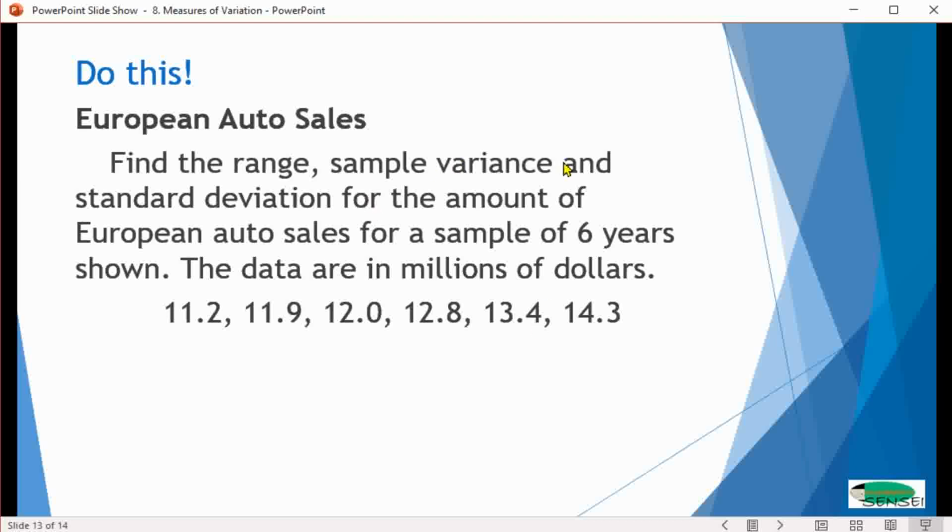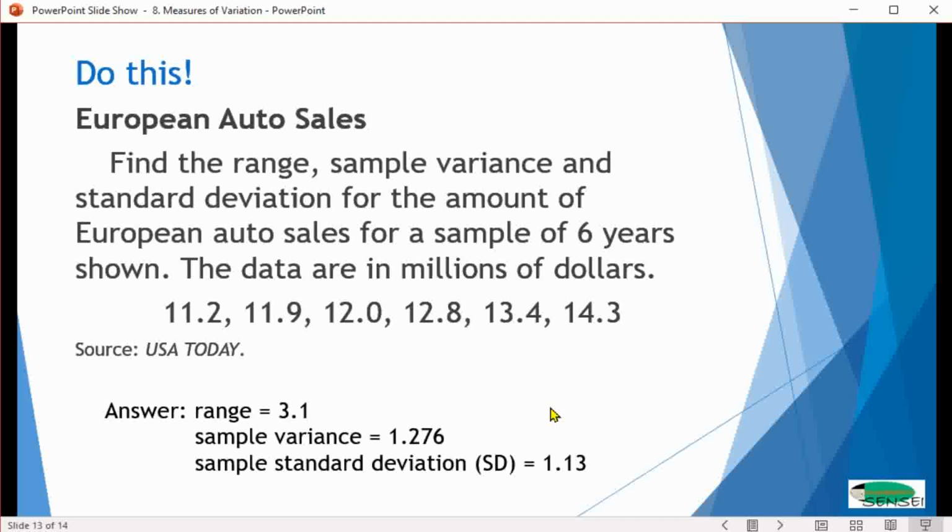So the safest option is the range. But in this case, there is no outliers or extreme values in the distribution, so we can automatically compute that. Range is equal to 3.1, sample variance is 1.276, and sample standard deviation would be 1.13.